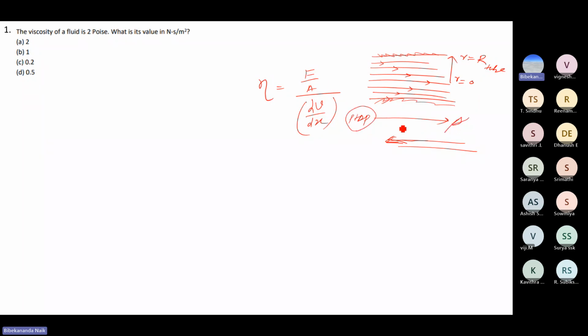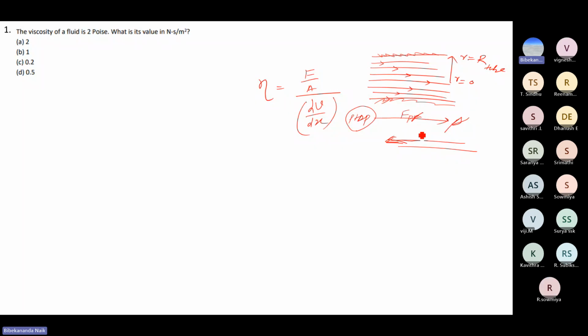So this is the force due to pressure, and in the opposite direction this is the force due to viscosity. So this is the expression for the coefficient of viscosity.